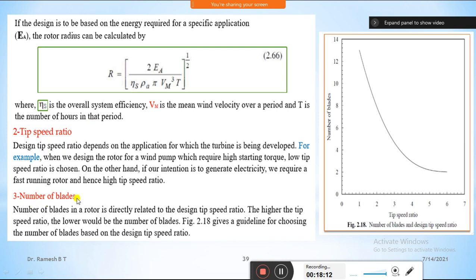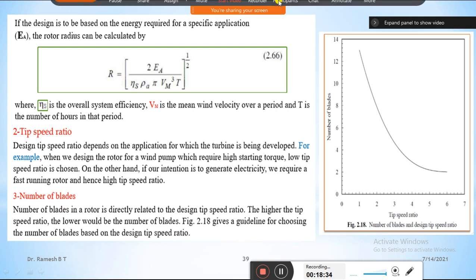And next is the number of blades. The number of blades in the rotor is directly related to the design tip speed ratio, and the higher the tip speed ratio, the lower the number of blades. If the number of blades increases, the tip speed ratio decreases. If the number of blades decreases, the tip speed ratio increases. They are opposite.